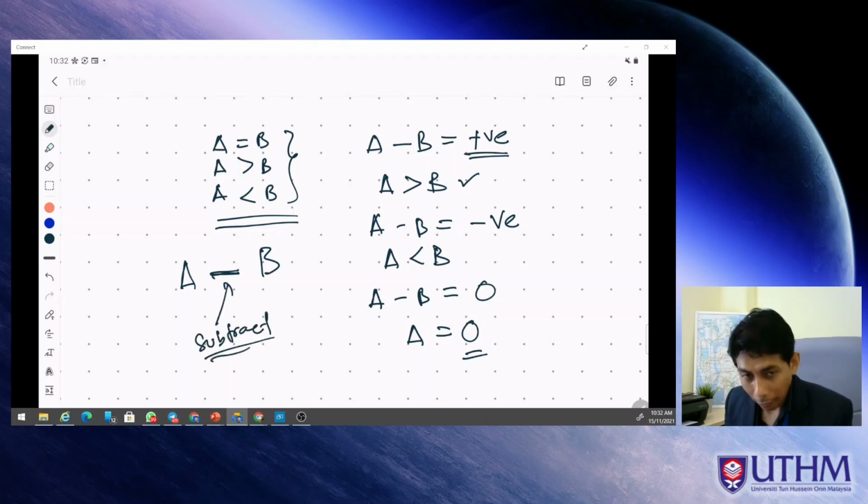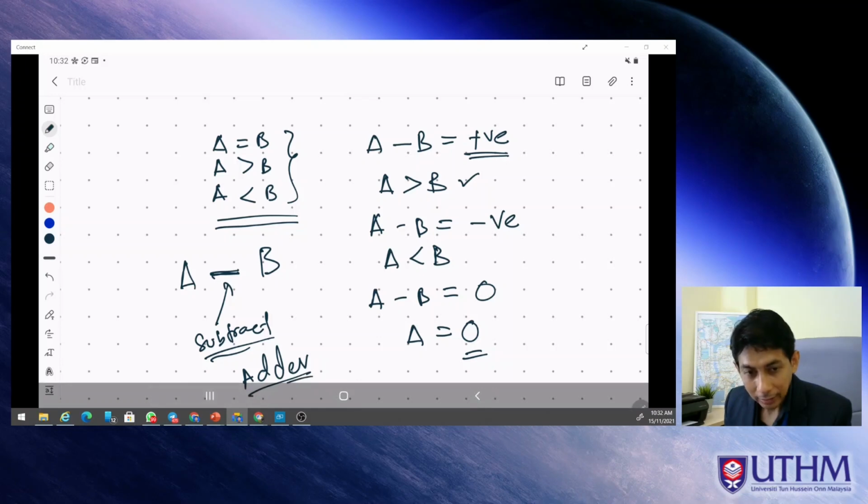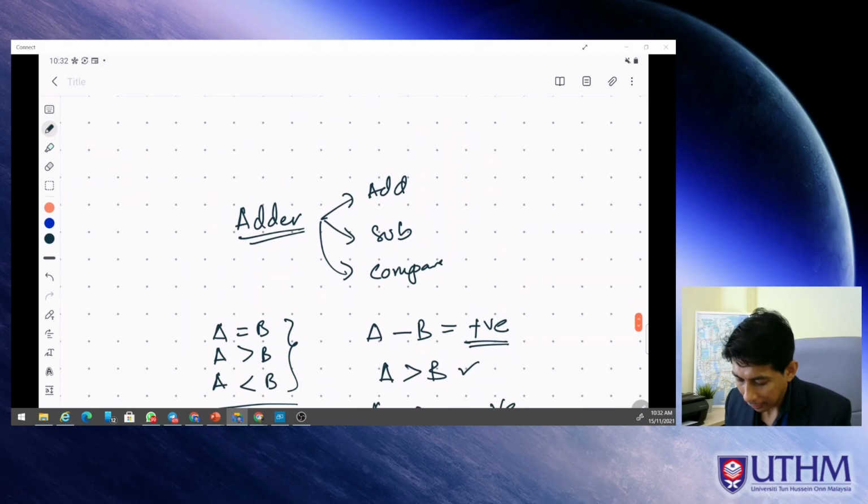And remember, our subtractor is built from an adder. That is why I said that the comparator actually comes from the adder. We use the adder to create a subtractor as well.